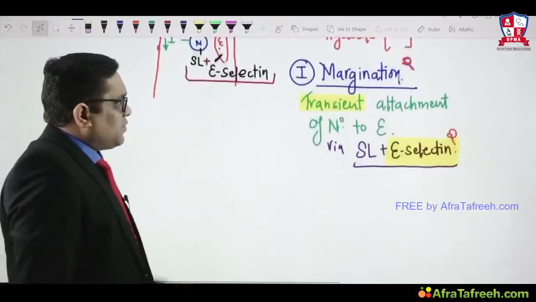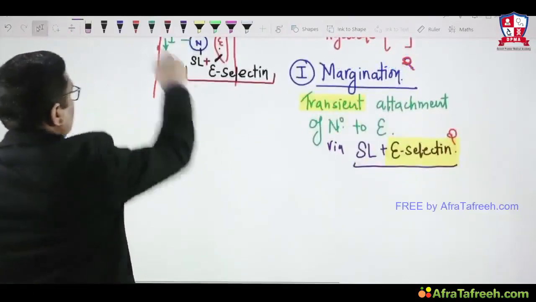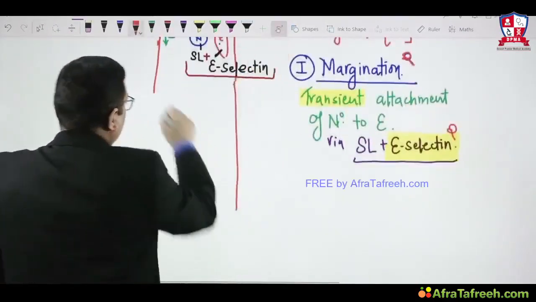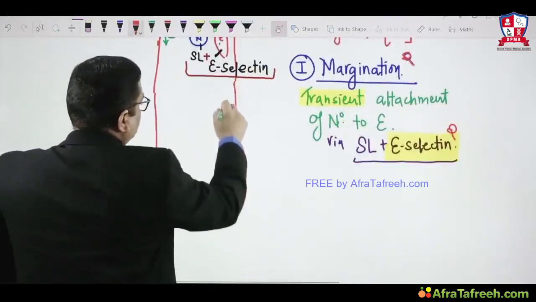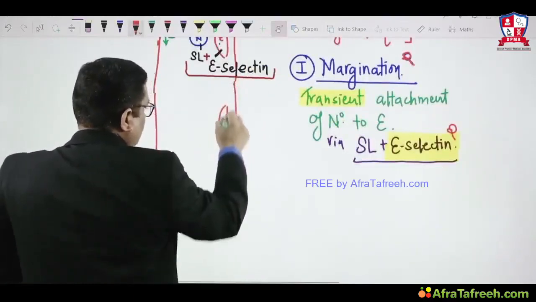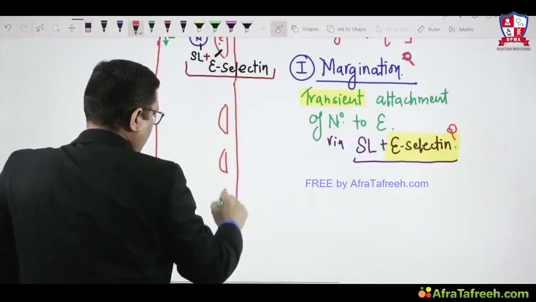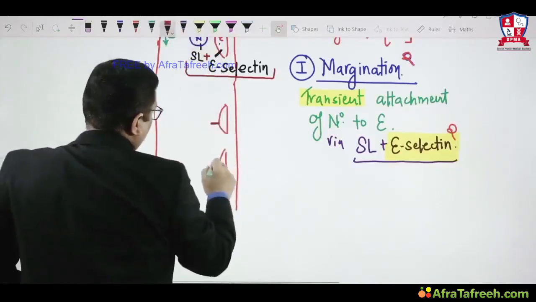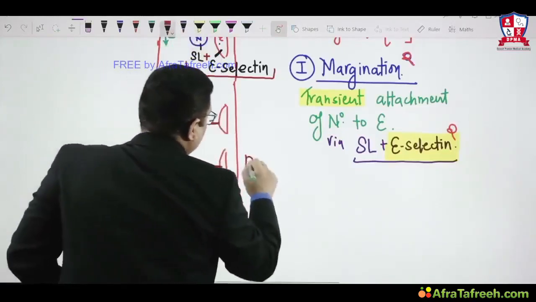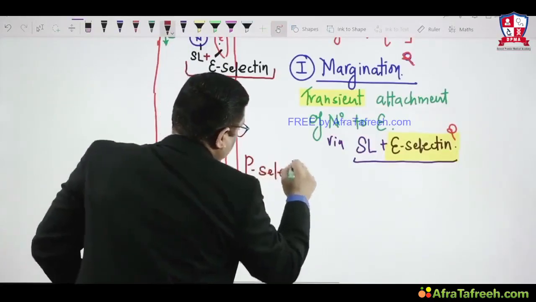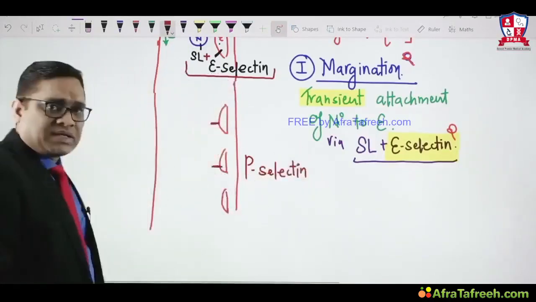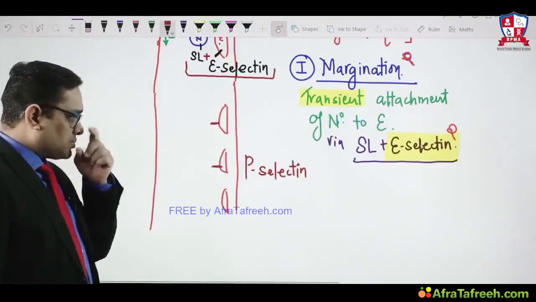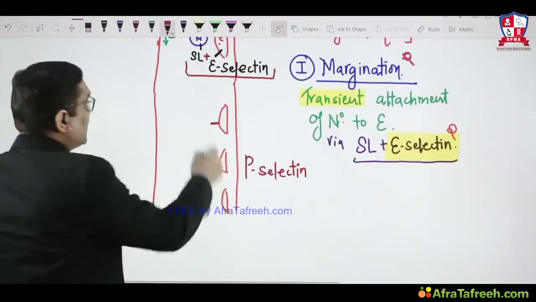After margination, what will happen? Now again, I'll just extend this blood vessel and we will see. Suppose this is the endothelium. The endothelium will have expression of another adhesion molecule, which is called P-selectin.